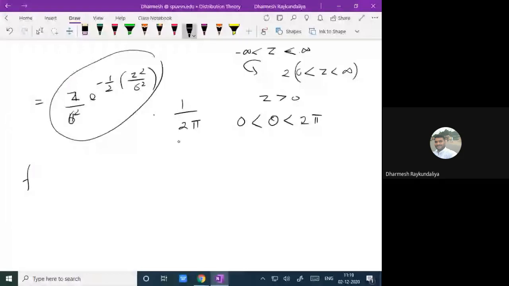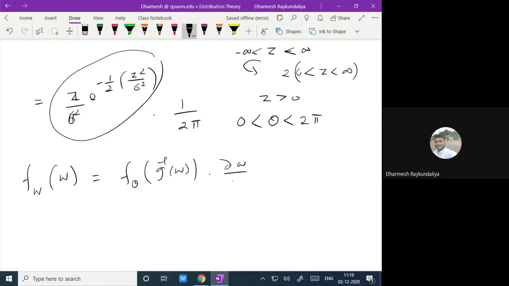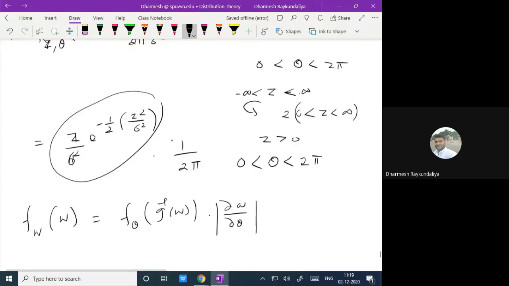So we wish to find out the distribution of w. It is nothing but f of theta, g inverse w, into dw with respect to d theta. That is the Jacobian.